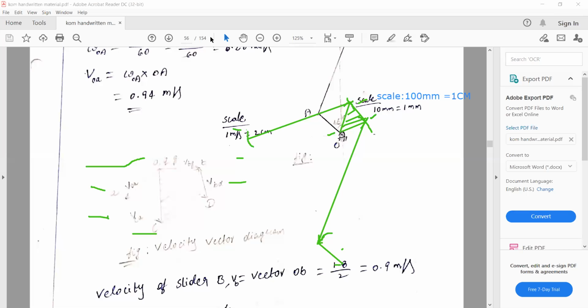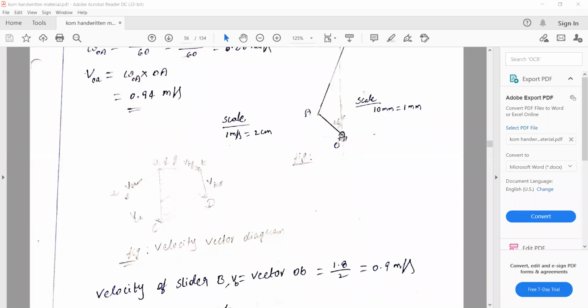Velocity vector diagram. Just take one point. That is O, Q, G started here, and OA is already there before we start our diagram. So first set up the scale.